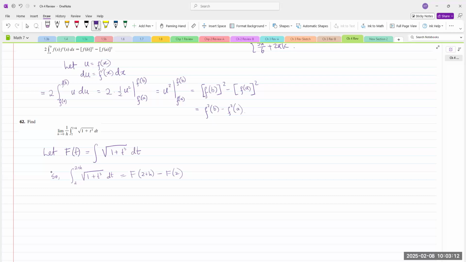Now, when we put 1 over h, we get this situation. Then if you take the limit as h goes to 0 of F(2 plus h) minus F(2) over h, this by definition is the derivative of that function at 2.